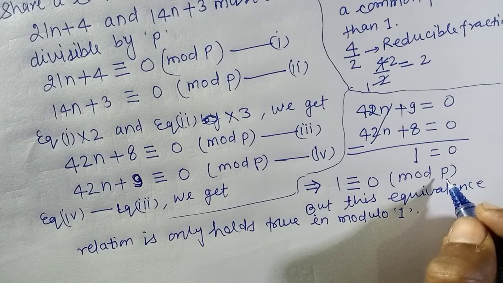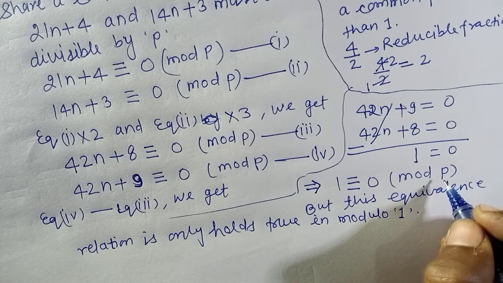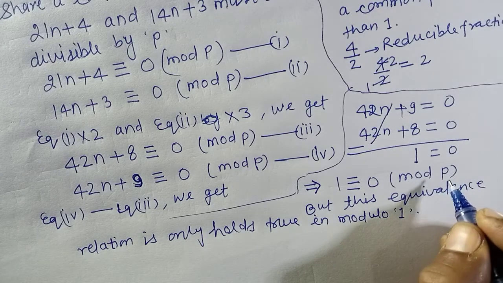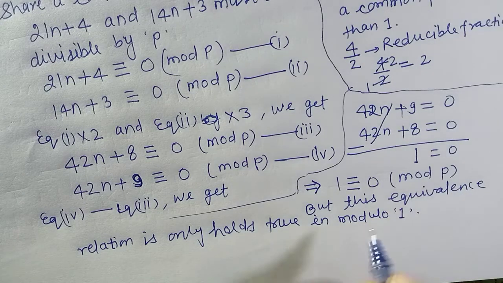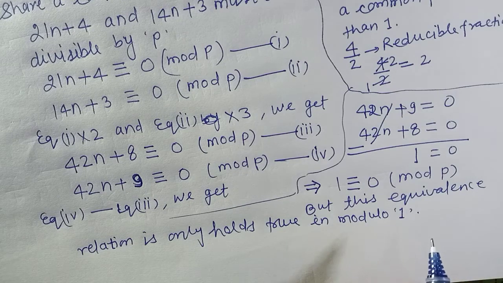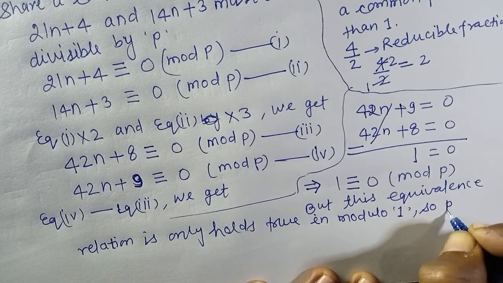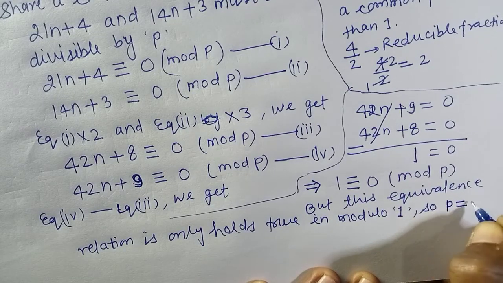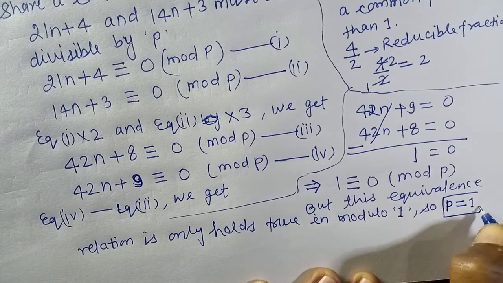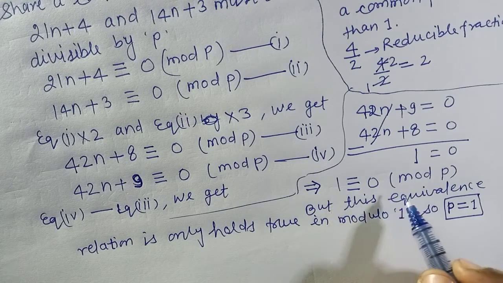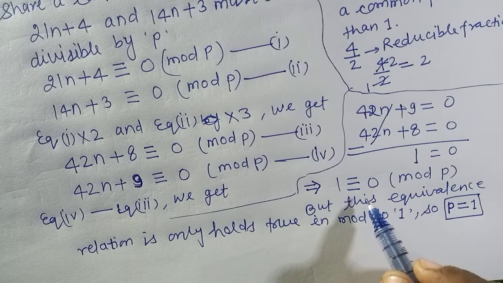So if we have p equal to 1, then this equivalence relation holds true, and this is the only possibility. So from here we get p is equal to 1. So p must be equal to 1 so that this modular equation could be true.